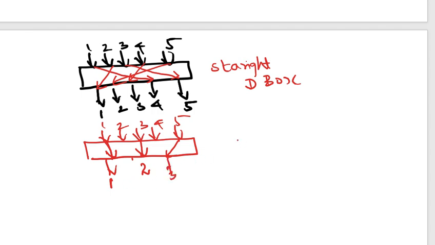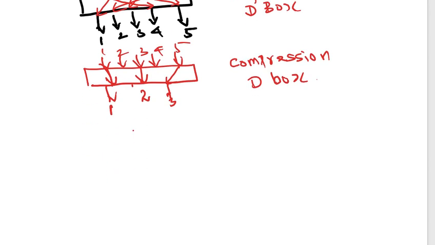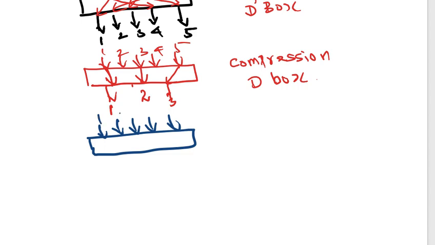So this is called the compression D box. Likewise, one more example we can tell. The same D box, considering n equal to 5: 1, 2, 3, 4, 5.